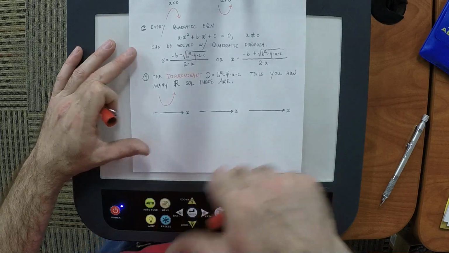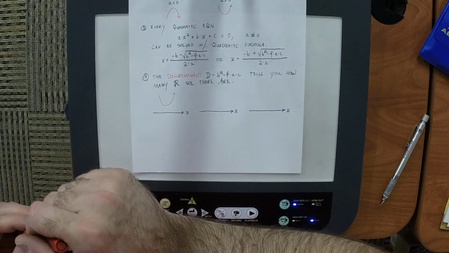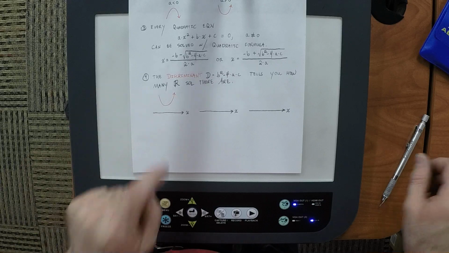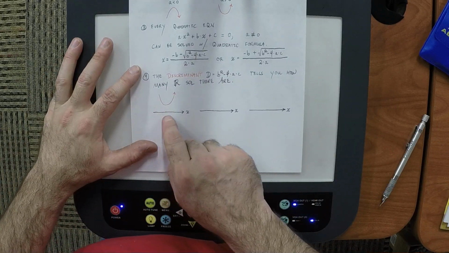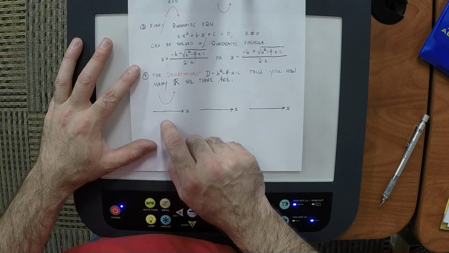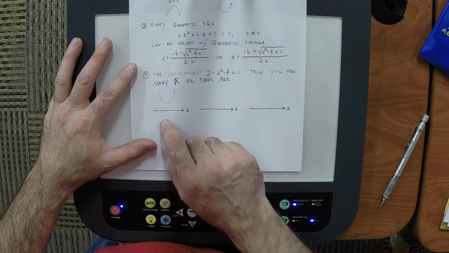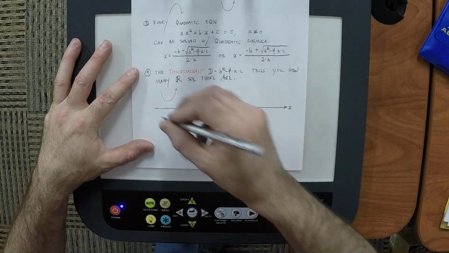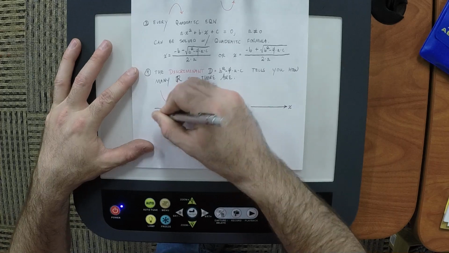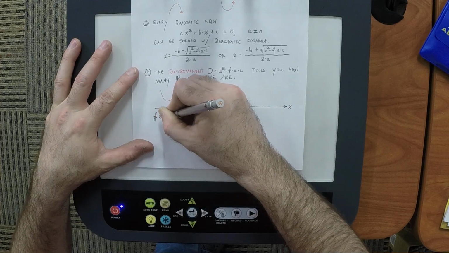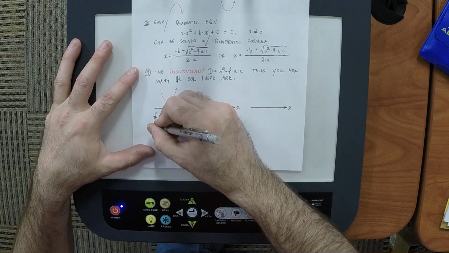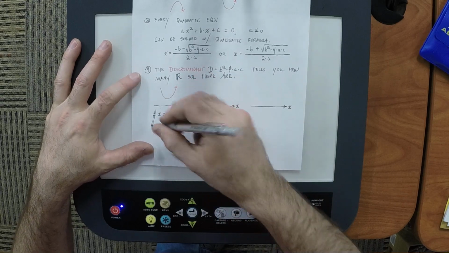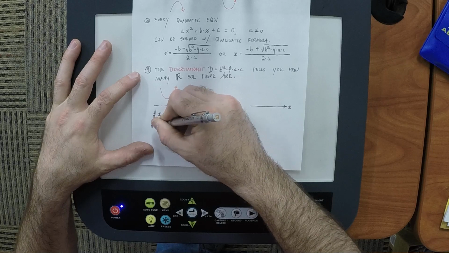I'm going to make all of them open up. Because now the thing that I'm going to ask is, concerning this specific parabola, how many x-intercepts does it have? 0. None, right? So the number of x-intercepts is 0, which is to say that the number of real solutions is 0.